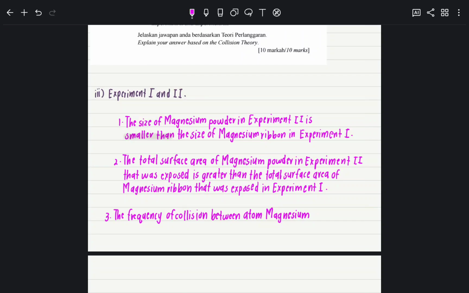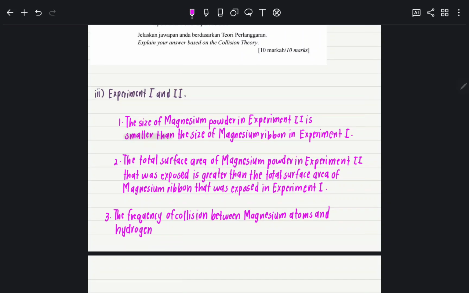If it were a molecule, it would have magnesium chloride, something like that. So we should say between atom magnesium and hydrogen ions. But wait, atom magnesium looks like Malay. Between magnesium atoms and hydrogen ions. Okay, where do hydrogen ions suddenly come from?